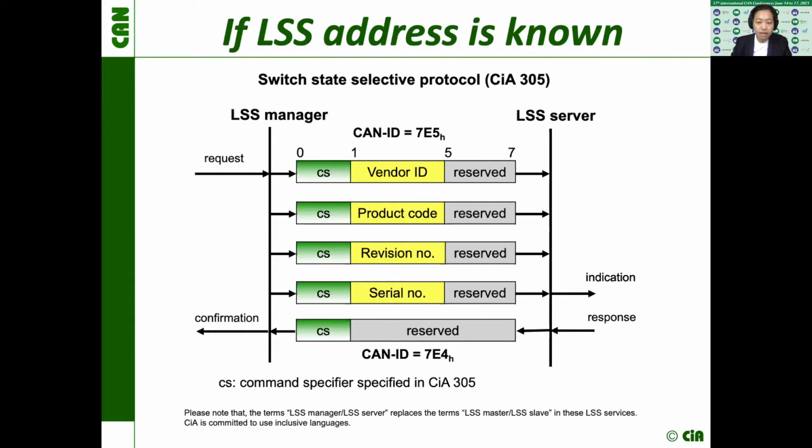Please note that the terms LSS manager and LSS server replace the terms LSS master and LSS slave in these LSS services. Since the beginning of this year, CiA has been discussing with its members how to avoid the use of critical terms and wordings like master and slave. And CiA is committed to using inclusive language.